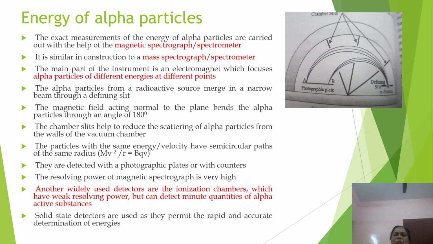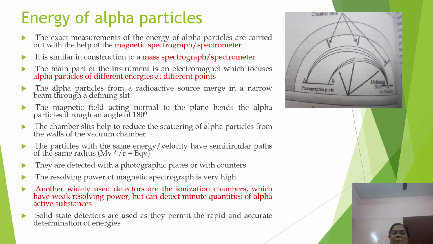The main part of the instrument is the electromagnet, which focuses alpha particles of various energies at different points. The alpha particles from the radioactive source emerge in a narrow beam through a defining slit as shown in the figure, and the magnetic field acts normal to the plane, which bends the alpha particles through an angle of 180 degrees. The chamber slits help to reduce the scattering of alpha particles from the walls of the vacuum chamber.